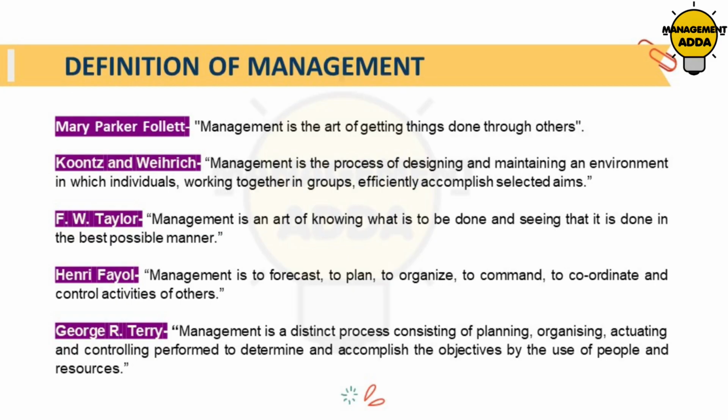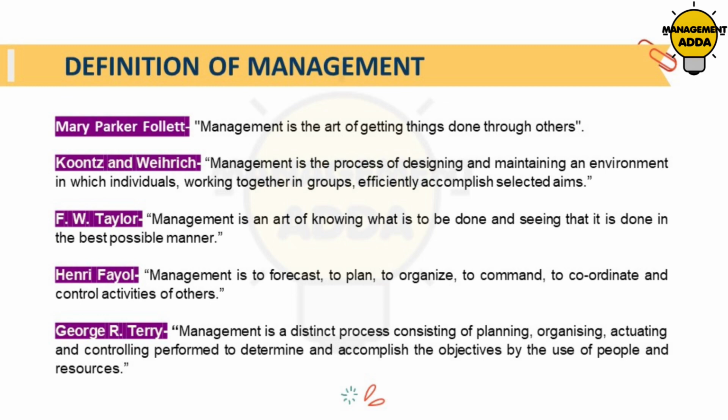That's why Mary Parker says that management is about getting work done through others, through other people. According to Koontz, you can see management as creating a work environment where people can work together in a group to achieve common goals effectively. We have seen within an organization a setup is created where a number of people come together, perform the task, achieve the task in a group.